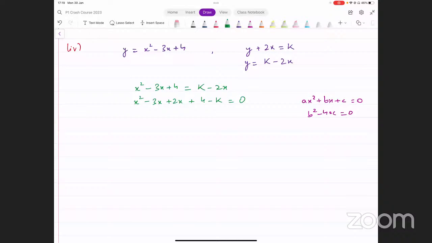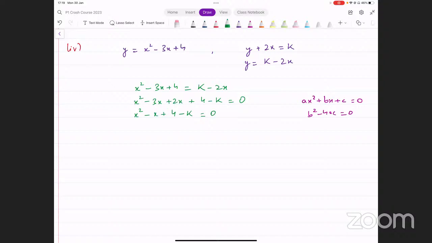Now, if the line is a tangent to the curve, this equation should give us only one solution. And that means b squared minus 4ac should be equal to 0. Let's simplify this first. This gives us x squared minus x plus 4 minus k equals 0.